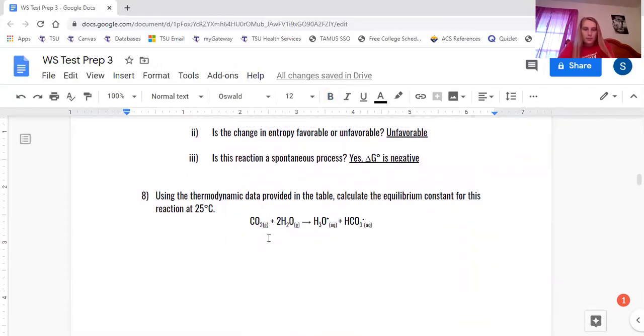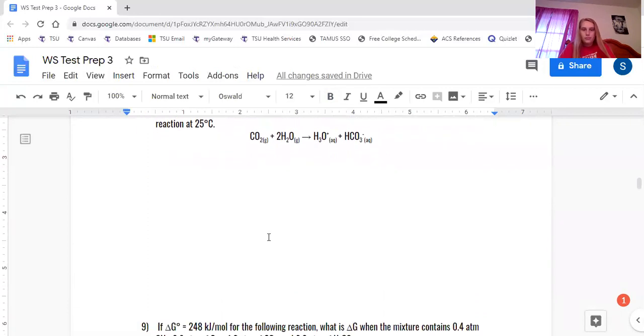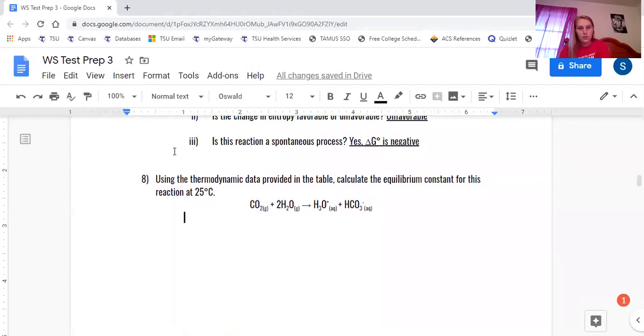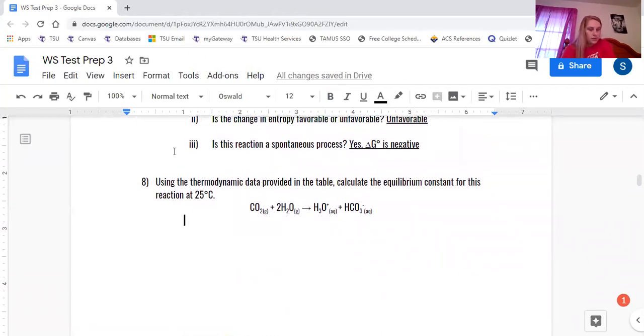So we have that. So looking at this, we'll have our equation. It's more in bold for some reason.